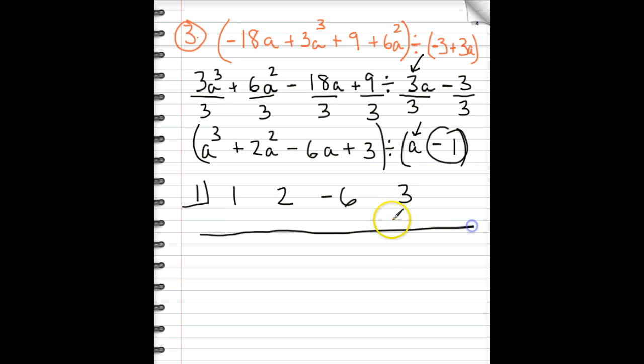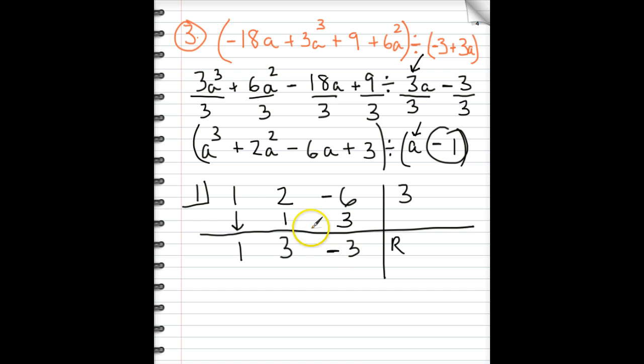Answer line, remainder line. Drop down the first coefficient and multiply back. 1 times 1, 1. Add columns. 2 plus 1, 3. Multiply back. 3 times 1, 3. Add the column. -6 plus 3, -3.